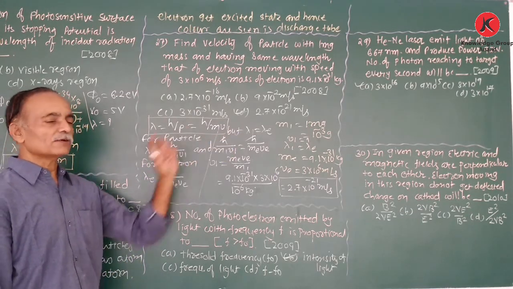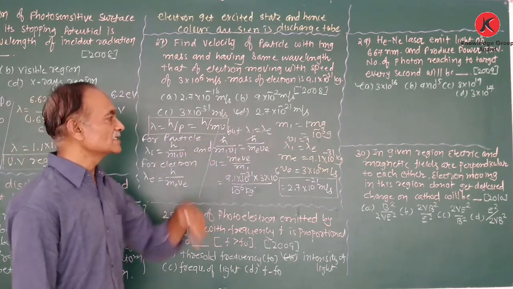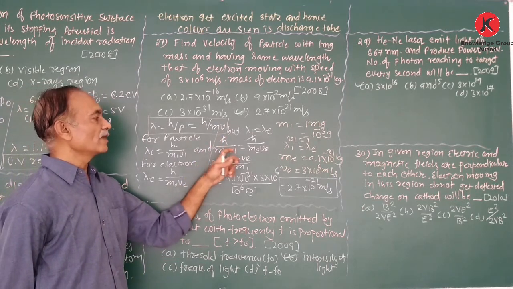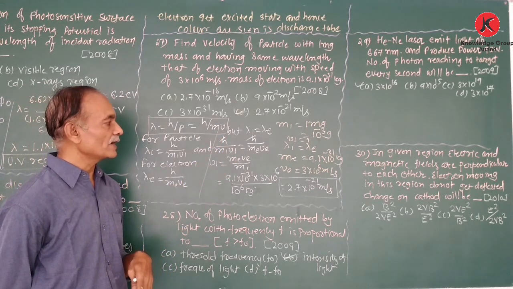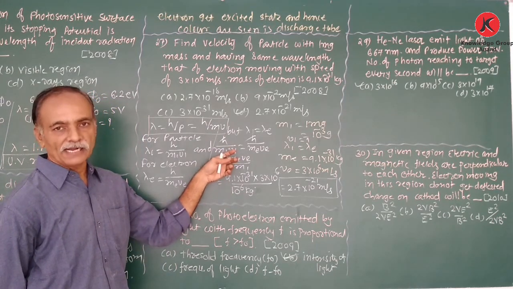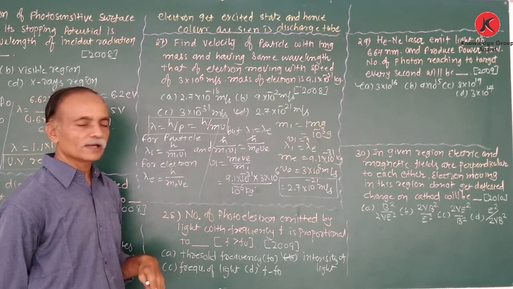But here the wavelengths of both particle and electron are the same, therefore lambda 1 is equal to lambda E. Substitute the values, h upon m1 v1 is equal to h upon Me v. Therefore we require the speed of the particle, v1 is equal to Me v upon m1.